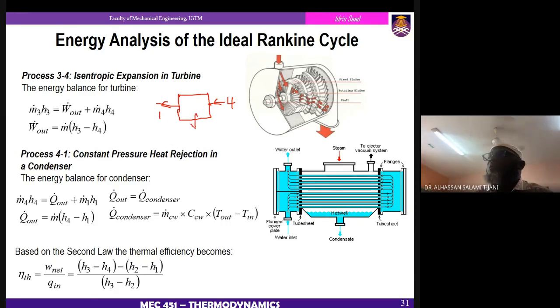So here we have Q out. This Q out can be determined, and it is the same as Q for the condenser.